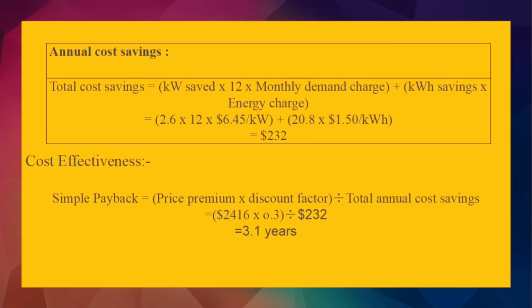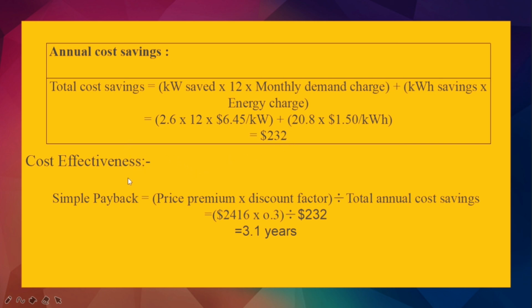The next step is annual cost saving, which is the total cost saving, equal to kilowatt saved times 12 times monthly demand charge plus kilowatt hour saving times energy charge. So we get 232 for total cost saving.